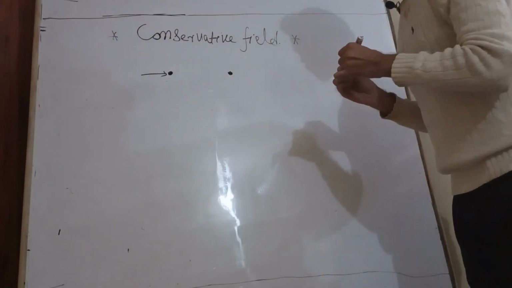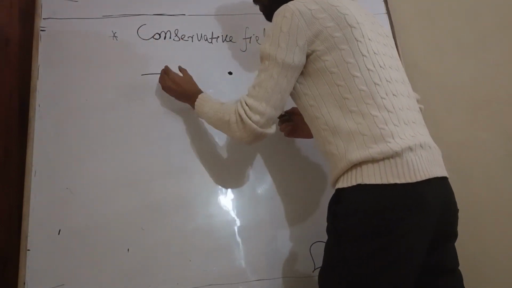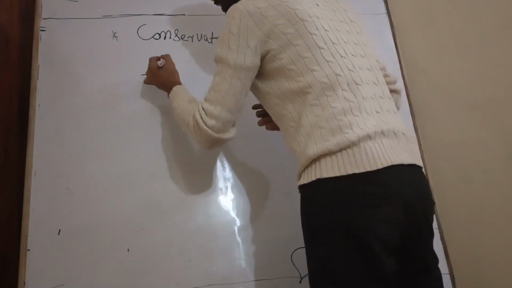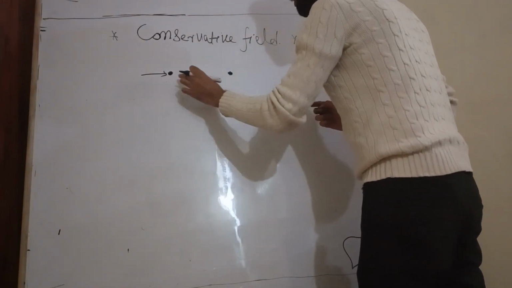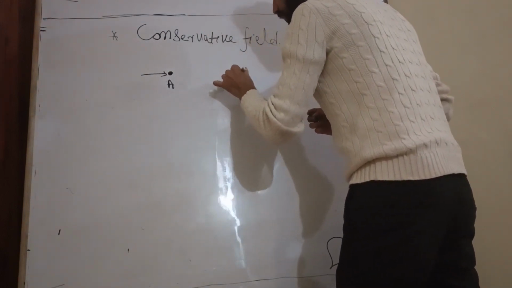Now see, when the force is applied on this particle, the work done in moving this particle from here to here, this is my position A and this is my position B.